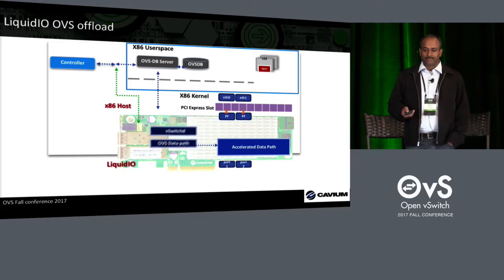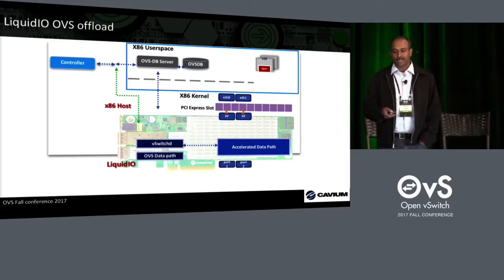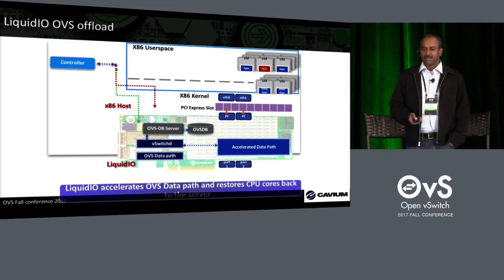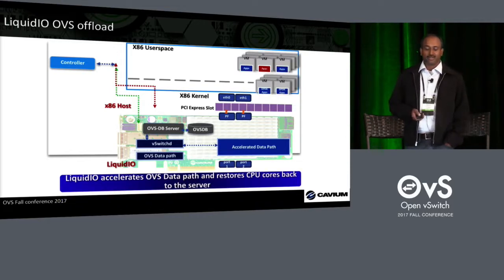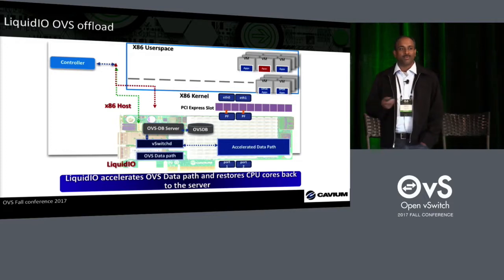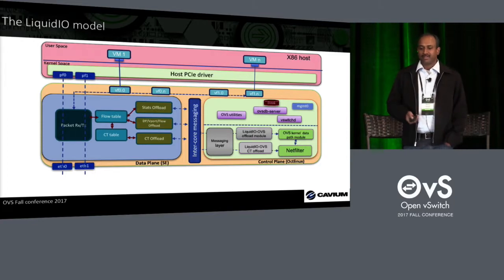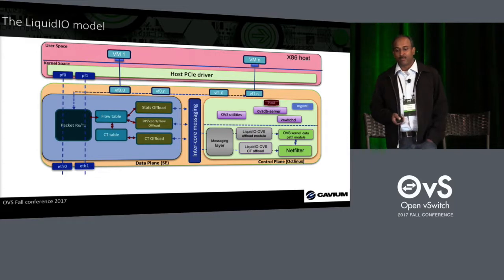But the aim of LiquidIO is to move not only the data path and vSwitchd, and I'll talk a little bit about the accelerator part, but also the DB server and the vSwitchd to exist on the adapter itself. So now you're basically freeing up CPUs to allow more VMs to be scheduled on the x86 server. And this is basically the block diagram for LiquidIO's model.